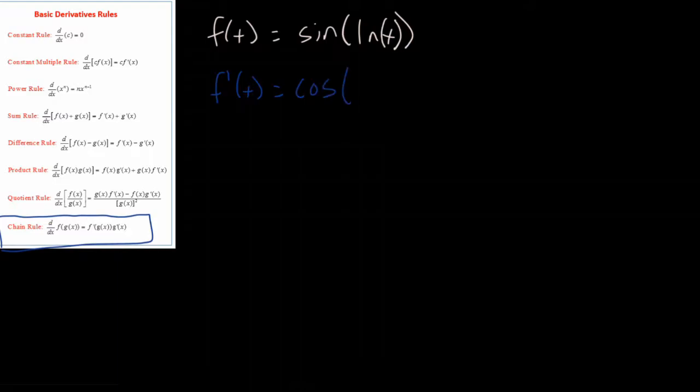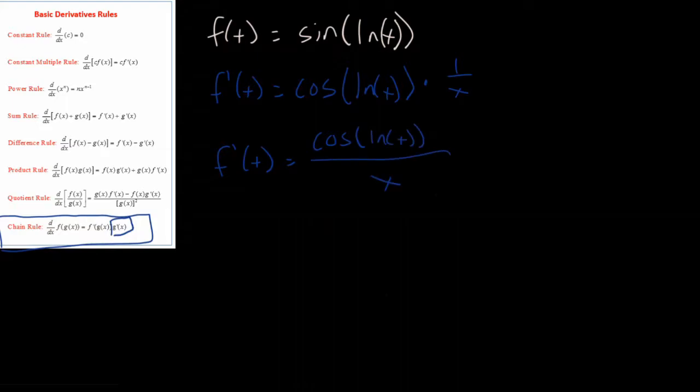And remember, we can't remove this ln of x because the first time around we're just taking the derivative of the outside function. We're not even thinking about what's inside the parentheses. But now that we've done that, we see down here in the formula we need to take g prime of x, and g prime of x is our ln. So we need to multiply this by 1 over x. Since 1 over x is the derivative of ln of x, our final answer is f prime of x is equal to cosine of ln of x over x.